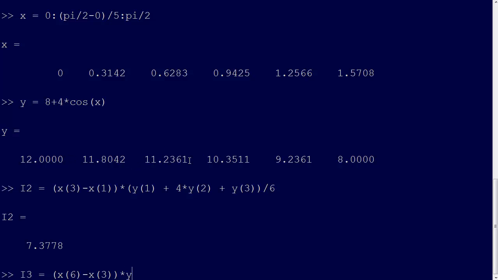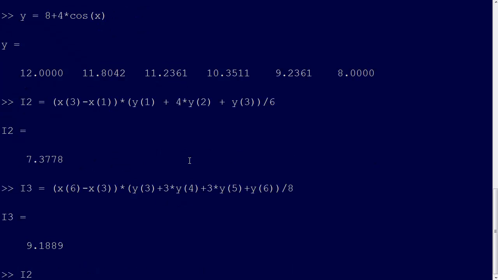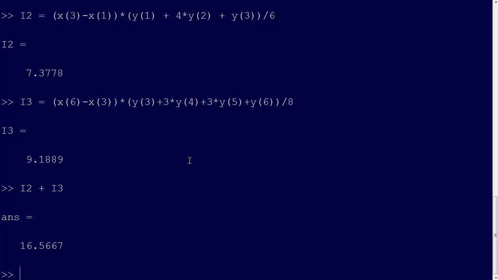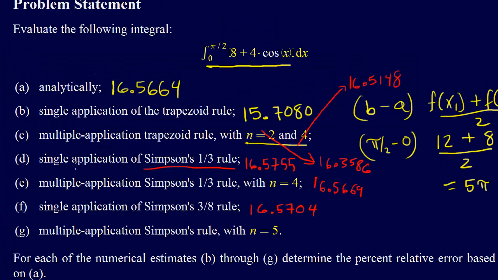That's our y3, y3 plus 3 times y4 plus 3 times y5 plus y6, and that's all going to be divided by 8, and then we go I2 plus I3, and we get 16.5667.